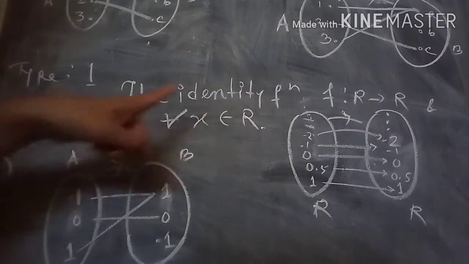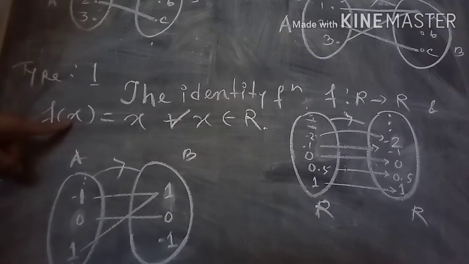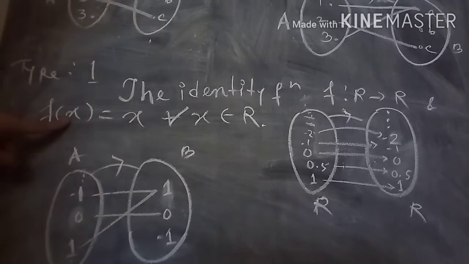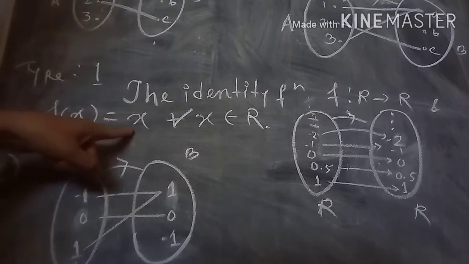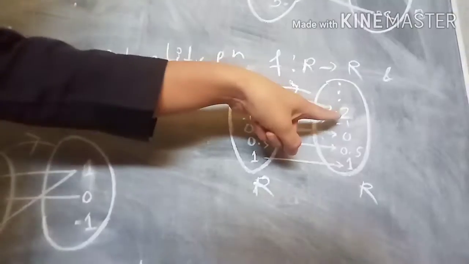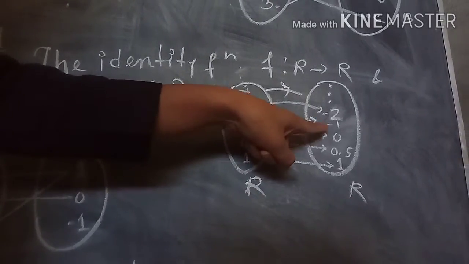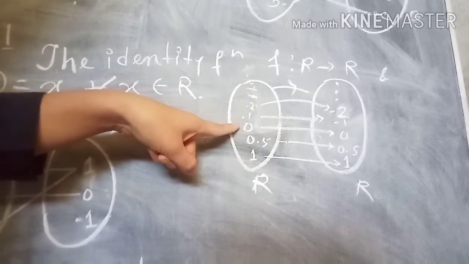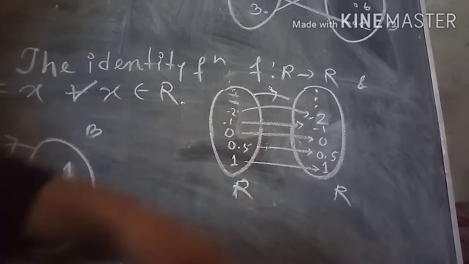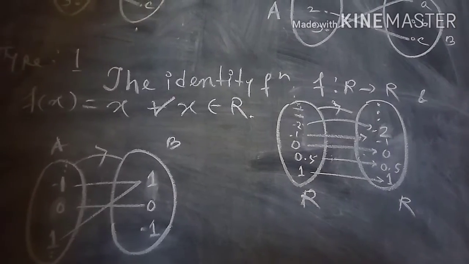Now by the definition of this function, f of x equal to x, for all x belongs to the set of real numbers, that means the elements of the first set have images as themselves. So the element -2 is related to -2, -1 is related to -1, 0 is related to 0, 0.5 is related to 0.5, and similarly 1 is related to 1, and so on.